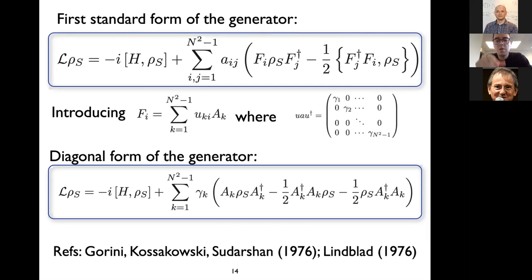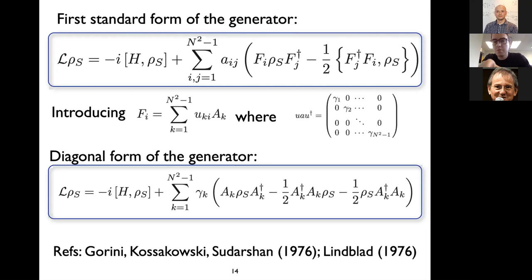In the first part of the expression, you can see that this describes a unitary evolution because it's in the form of a commutator. In the second part of this expression, we have a term which describes a non-unitary evolution. You can think of this second term as arising because the dynamics of our open system is non-unitary due to the influence of the environment.